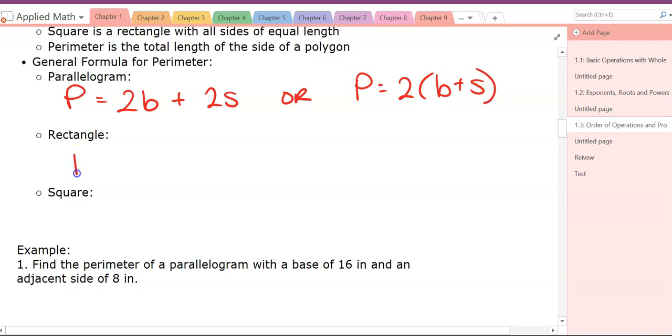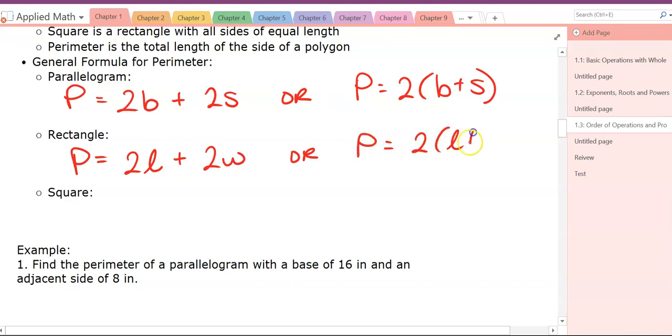For a rectangle, very similar, we have the length and the width, so 2 times length plus 2 times width, or 2 times length plus width. For a square, since all the sides are the same, a really simple formula is to take 4 times the length of a side, so 4S.